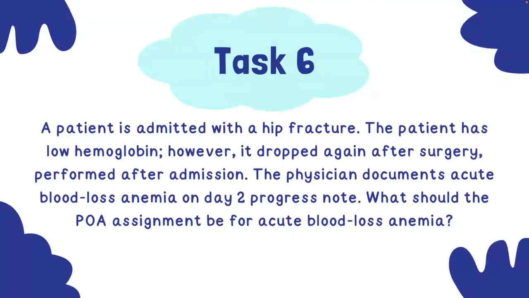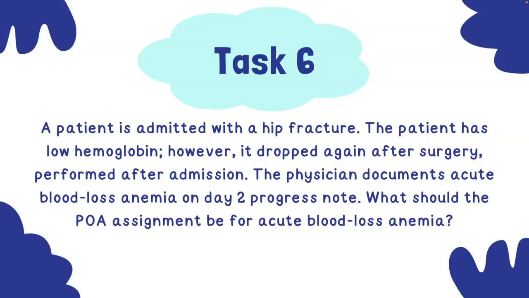Patient is admitted with a hip fracture. The patient has low hemoglobin. However, it dropped again after surgery, performed after admission. The physician documents acute blood loss anemia on day 2. What should the POA assignment be for acute blood loss anemia?